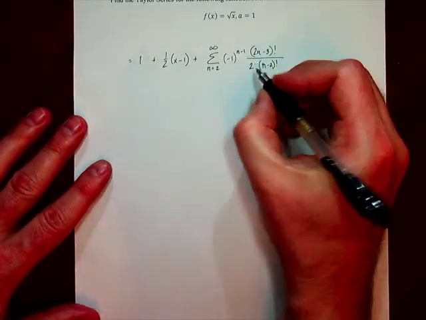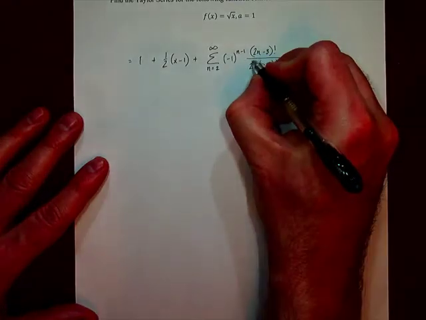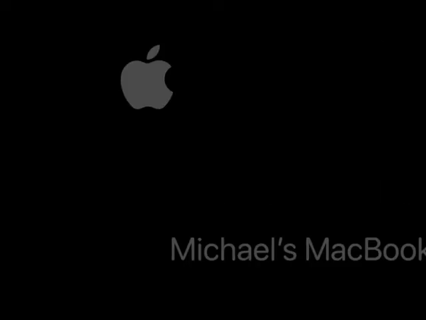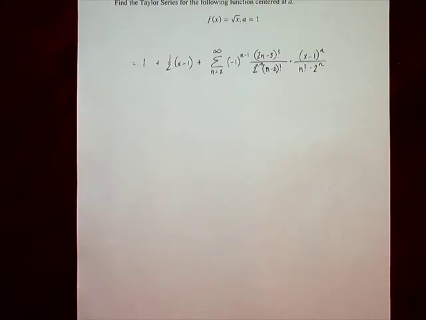Okay. So that right there is all the numerators. Now the denominators are going to be x minus 1 to the n over n factorial times 2 to the n. And that is incredibly complicated, but still not terrible.